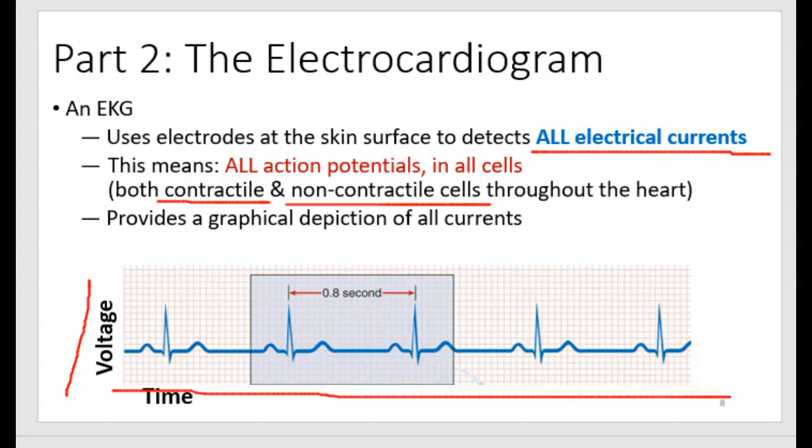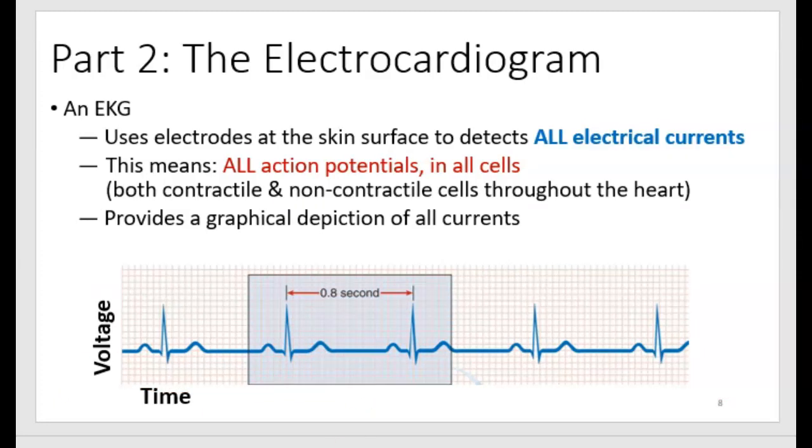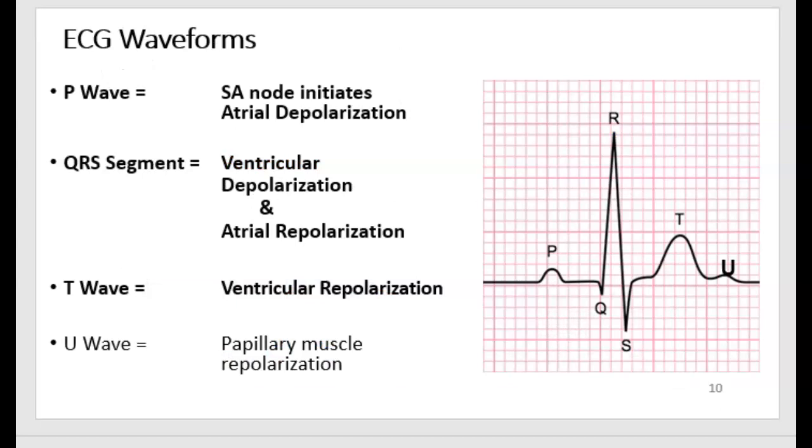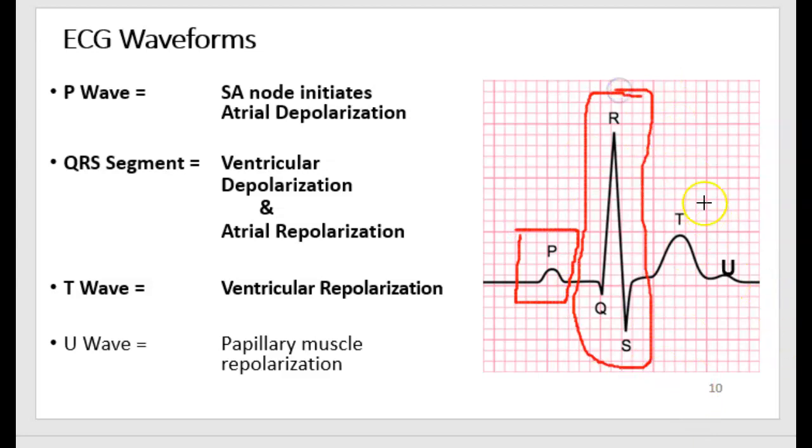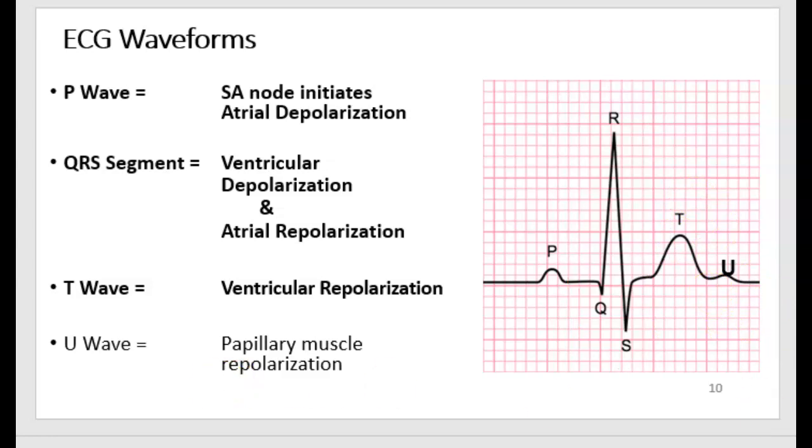So let's look at the waveforms that you see. Now that I've stressed that this is not an action potential, we still do see some deflections that indicate there's more or less current occurring, right? You see a deflection labeled P. You see a deflection labeled QRS segment, and then a T. Sometimes there's a U, sometimes there isn't. I mean, visible. There's probably always a current, but visible.